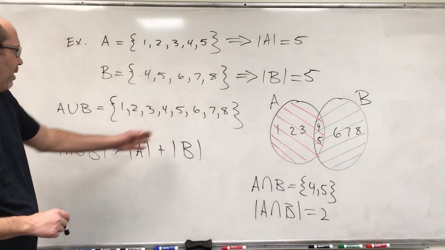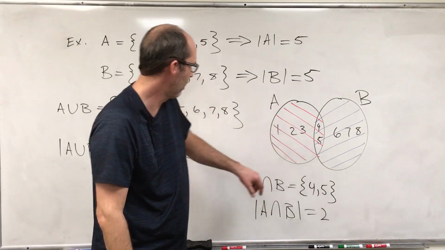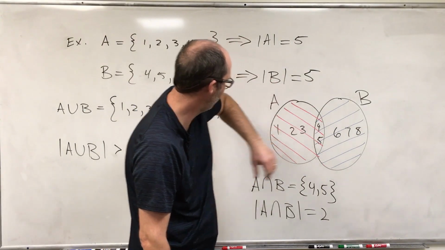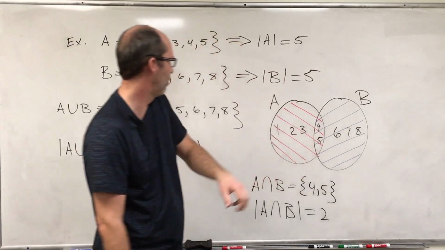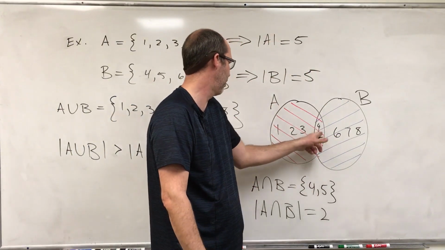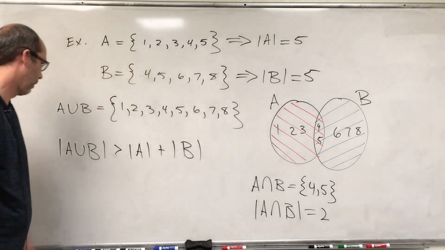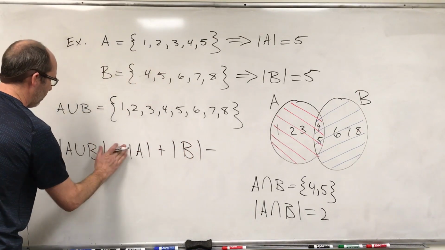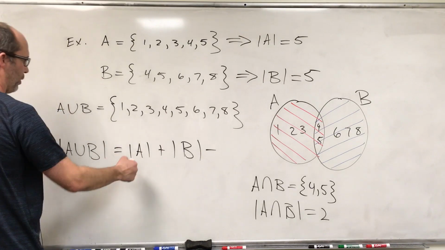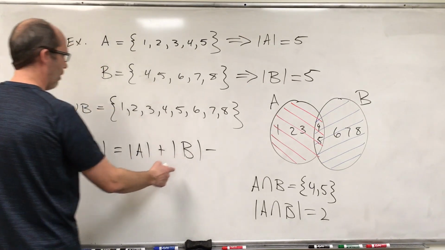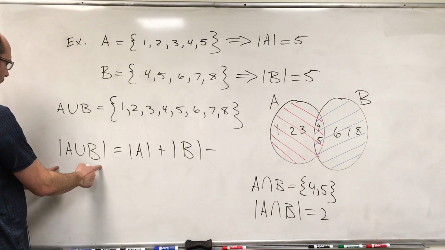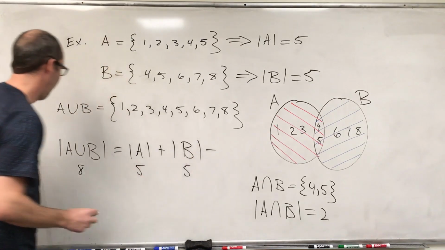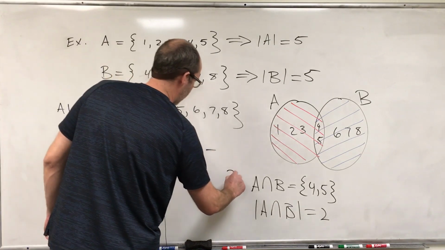This counts 3 plus 2 plus 3 plus 2. So 5 plus 5 counts this 2 twice. For this to equal 8, we have to subtract off 2.